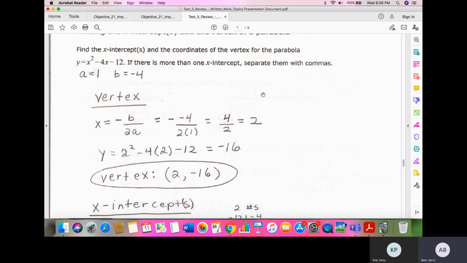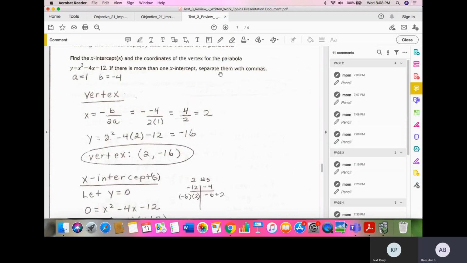So let's find the vertex first. Now the quadratic formula is very interesting because it really has the how to find the vertex in it.